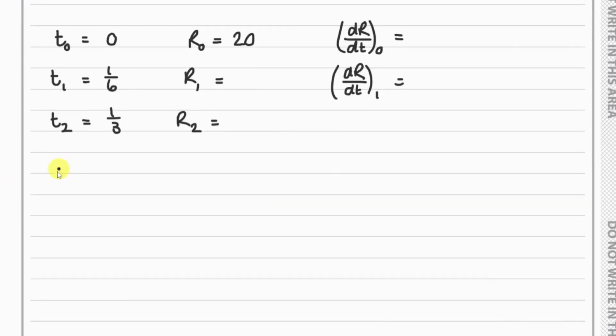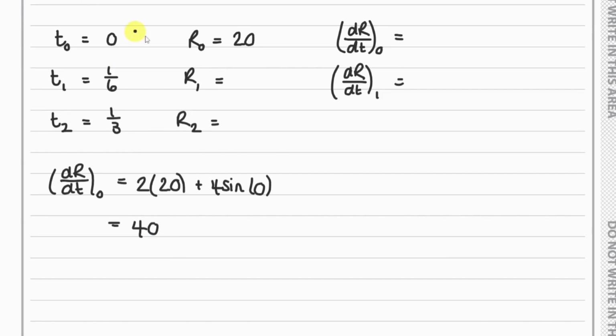So let's find dr/dt at 0. We know that's equal to 2 lots of r, which is 20, plus 4 sin of t, which is 0. So that just gives me 40 here. So now I've got that right, I'm going to tick that off because I found it.